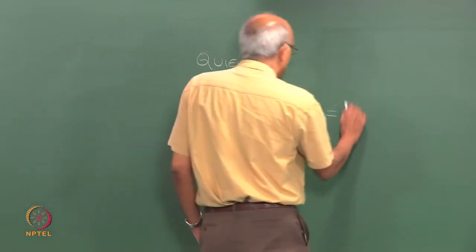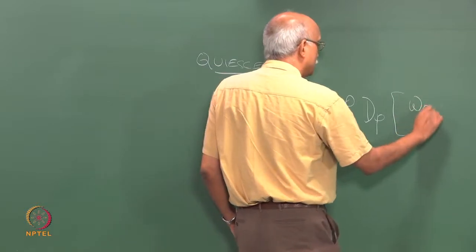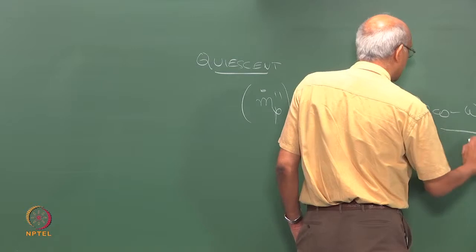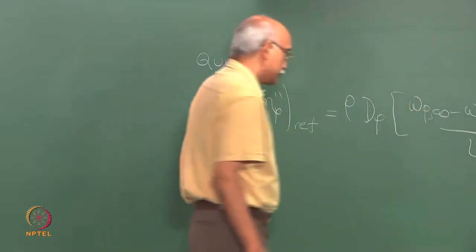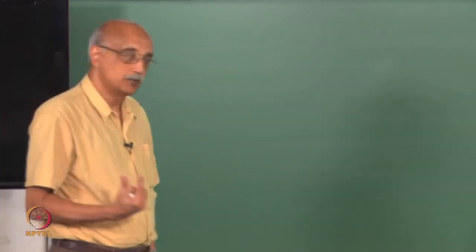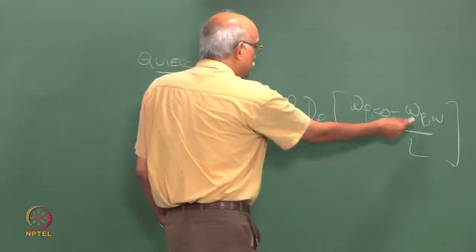In the case of quiescent flow, you can write this simply as rho dP, where rho is the density of the carrier fluid, dP is the diffusivity, the Brownian diffusivity of the particle, omega p infinity minus omega p w.